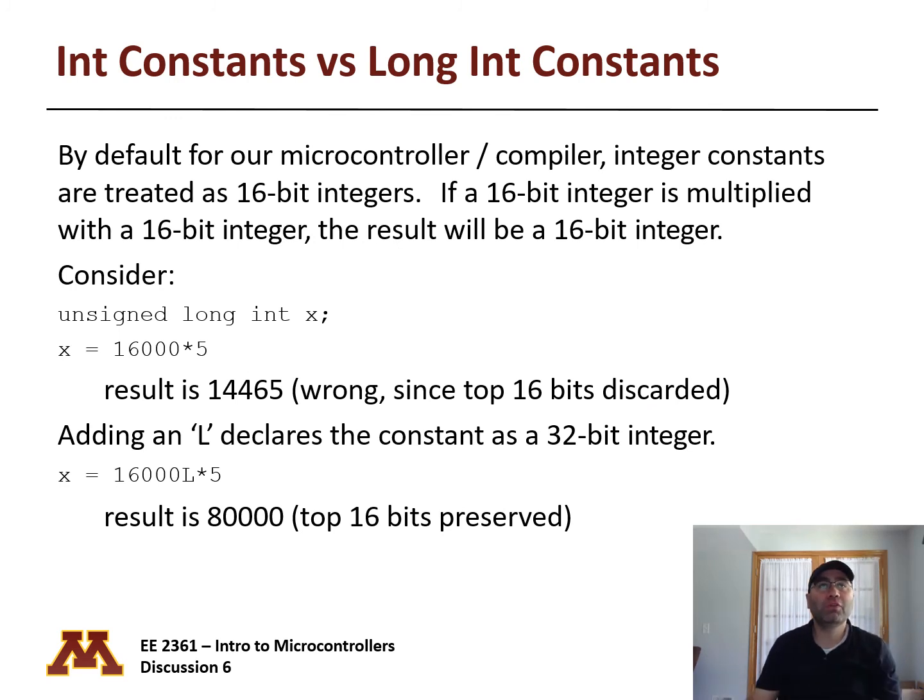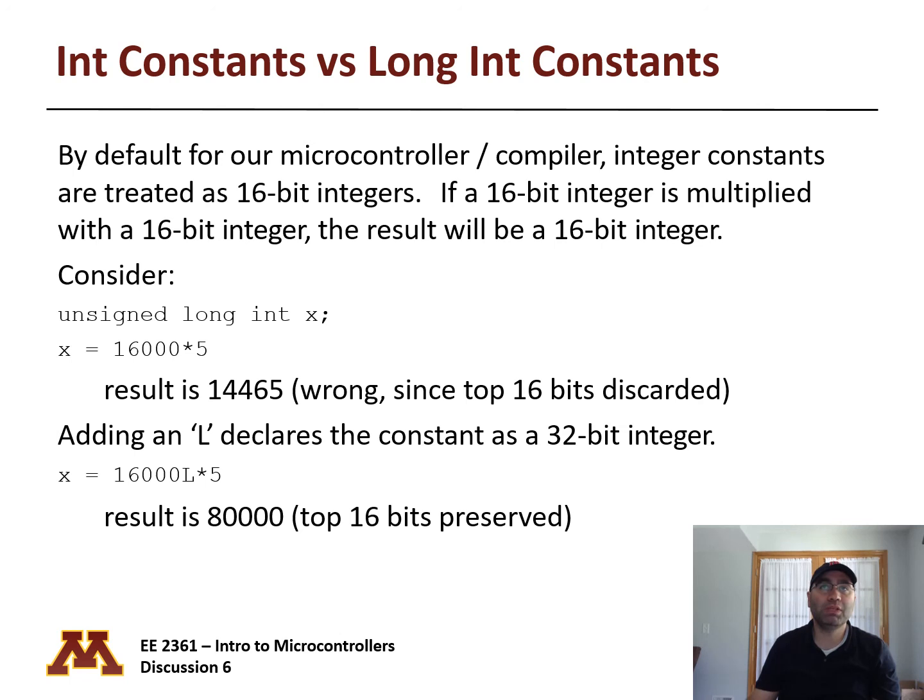So one important thing is, in the formulas you saw L. I didn't mention that, but it's important to know that by default for our microcontroller compiler, the integer constants are treated as 16-bit integers.